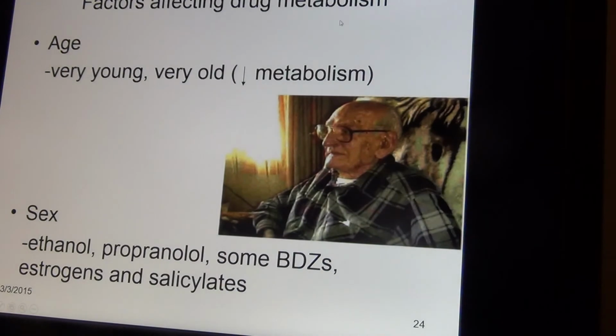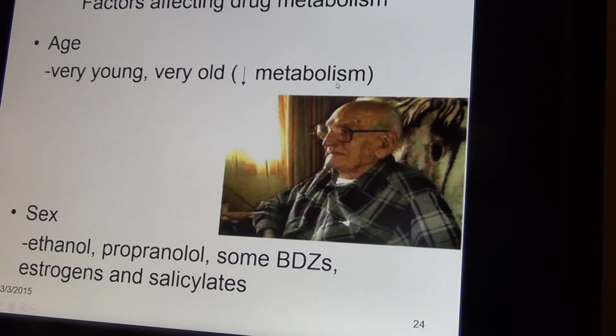Factors affecting drug metabolism. So first is the age. Very young people and very old people have reduced metabolism of the drug. Due to this reason, you have to be mindful of toxicity effect.